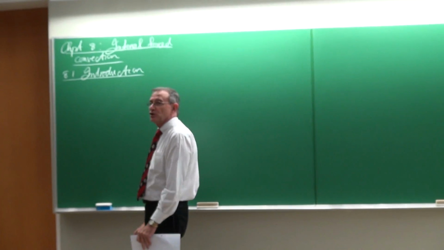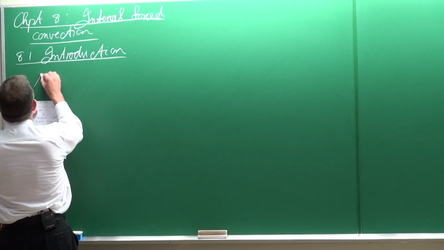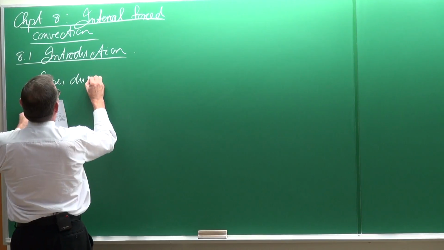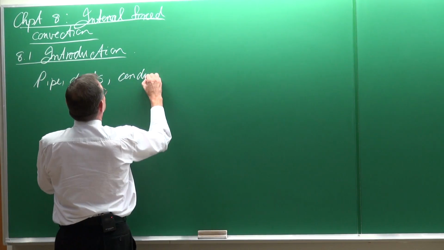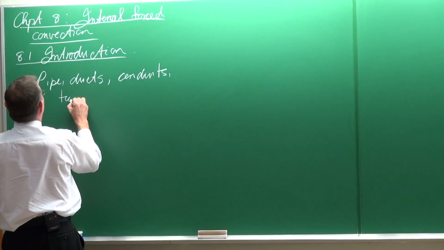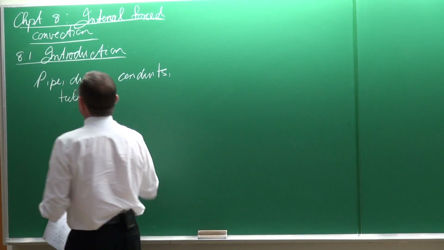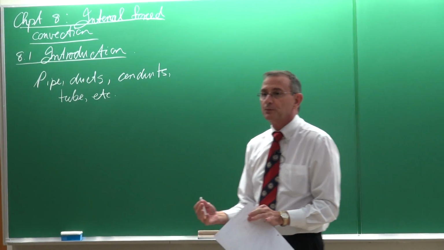And by way of introduction, what we're going to start with is some nomenclature, which will typically be used in this chapter, which will refer to pipes, ducts, conduits, tubes, etc. And the question is now, what is the difference between a pipe, a duct, a conduit, and a tube?